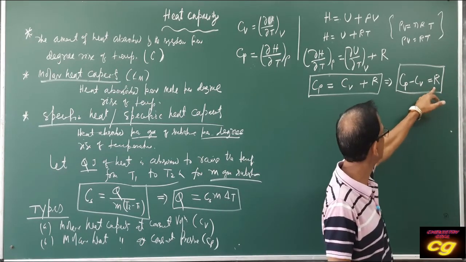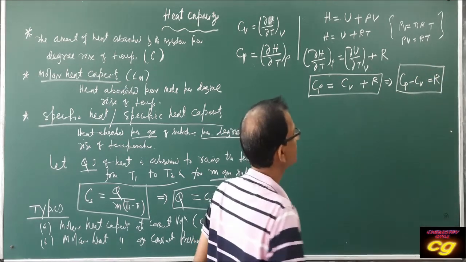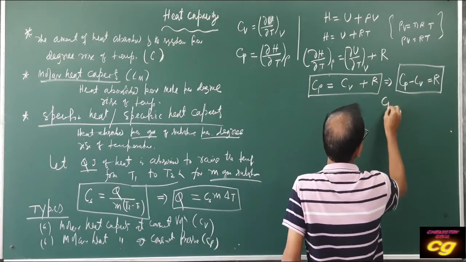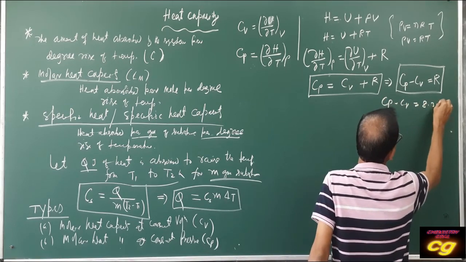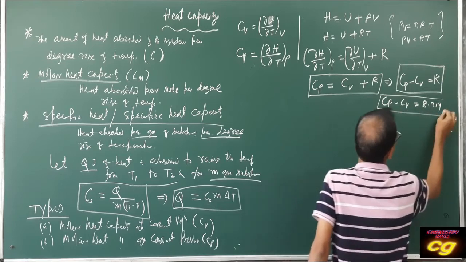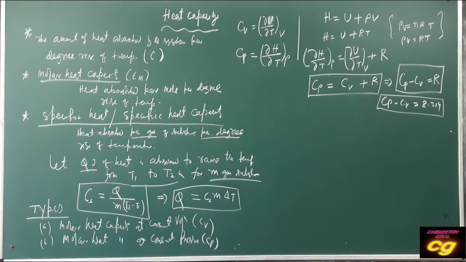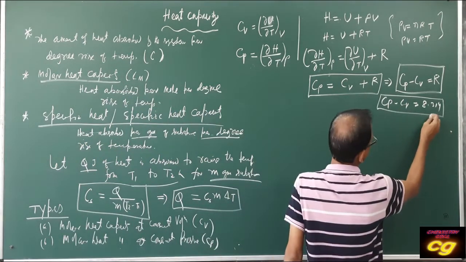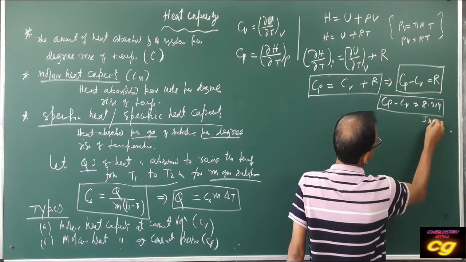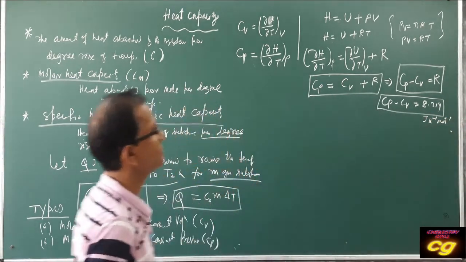So in terms of joule, Cp minus Cv is equal to R, that is, Cp minus Cv is equal to 8.314, because the R value is 8.314 joule per Kelvin per mole. This is Cp minus Cv is equal to R.